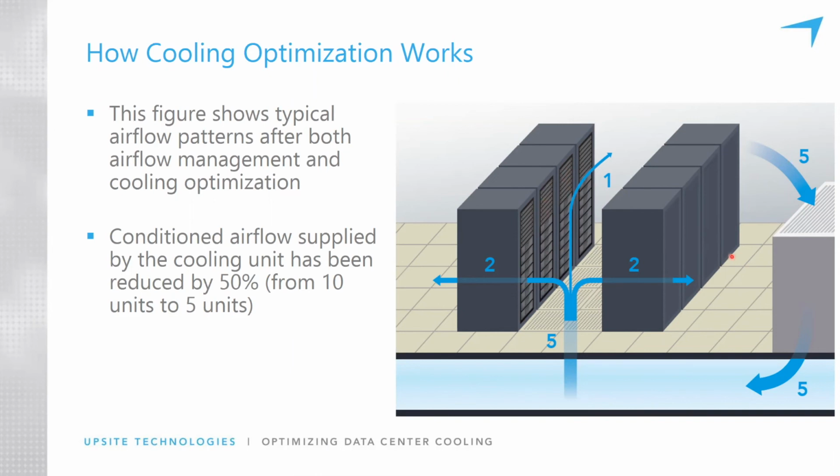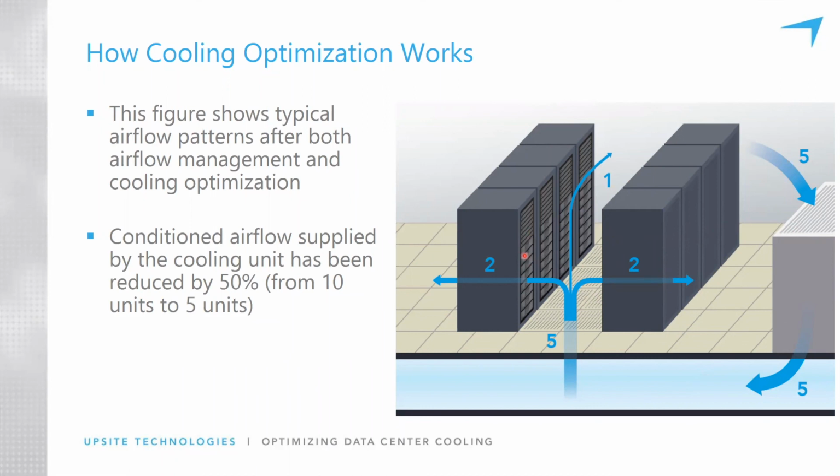We couldn't reduce the fan speed by half and very closely match the flow rate through the cooling units to the demand flow rate of the IT equipment if there were supply tiles in the wrong locations, if there's air flowing underneath cabinets, or if there's hot air flowing around the ends of the rows. So the more containment we put in place, the more we can optimize and more closely match the flow rate moving through the cooling units to the flow rate moving through the IT equipment.